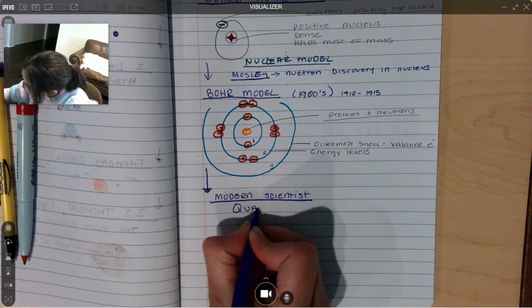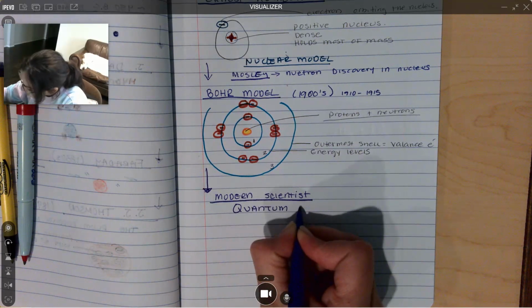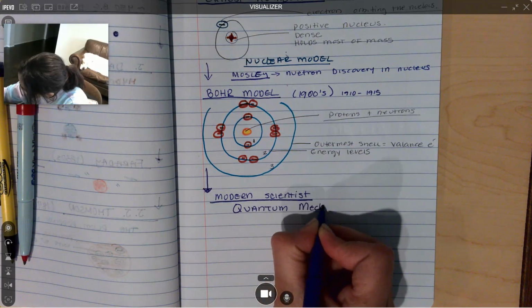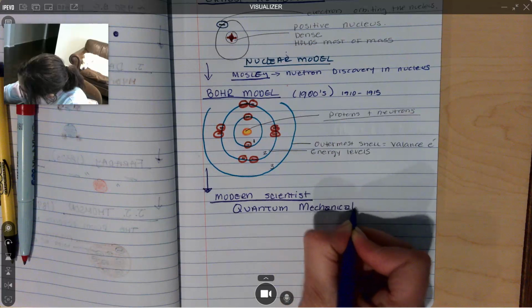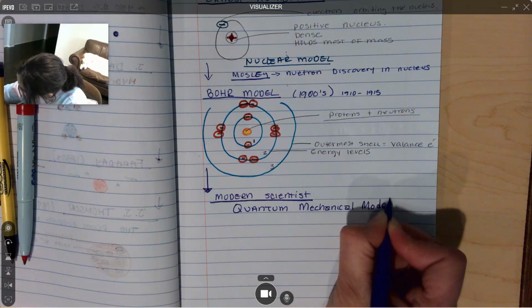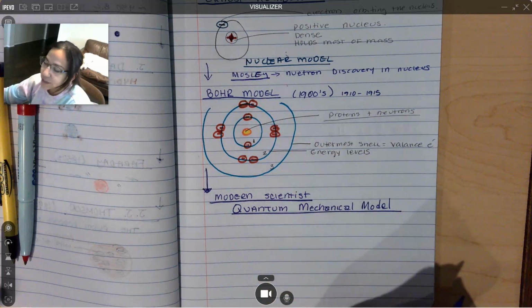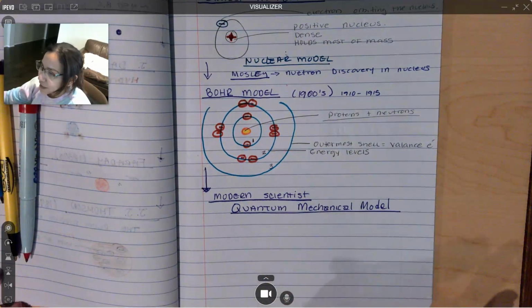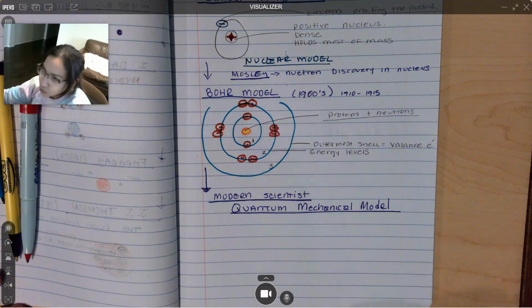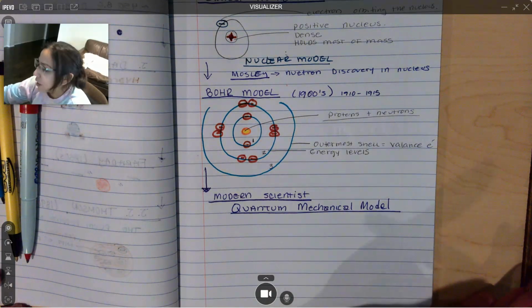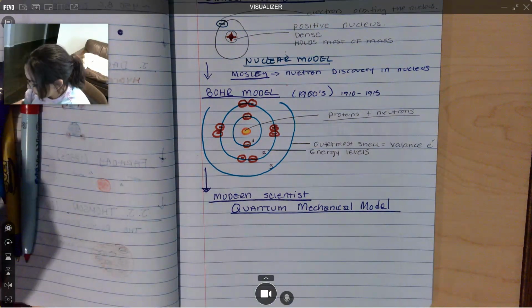And they came up with the quantum mechanical model, or the quantum model. Okay. Now we see this with different names like the quantum nuclear model, the nuclear quantum model, nuclear mechanical model. I mean, yeah.